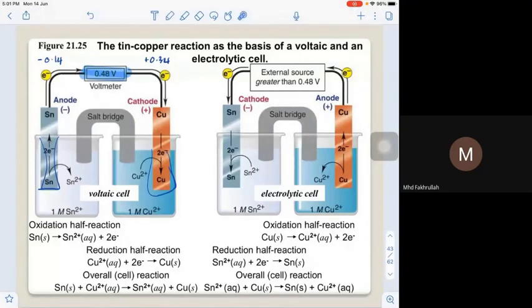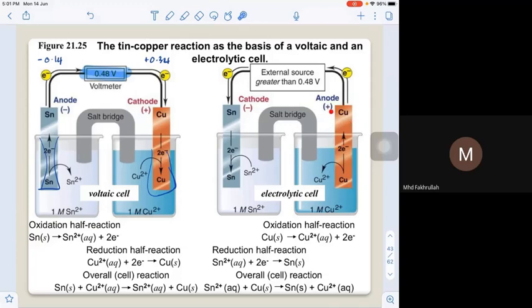Now, if we move to the second figure, this is the electrolytic cell, in which we still have the same half cells of tin and copper. The difference is that now the tin becomes the cathode, and the cathode always has a reduction reaction. So instead of reduction occurring at the copper, now the Sn undergoes reduction, and the copper half cell becomes the anode.